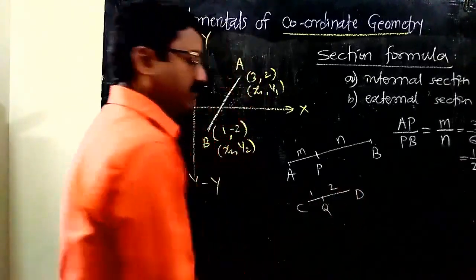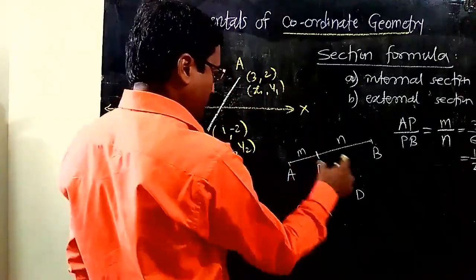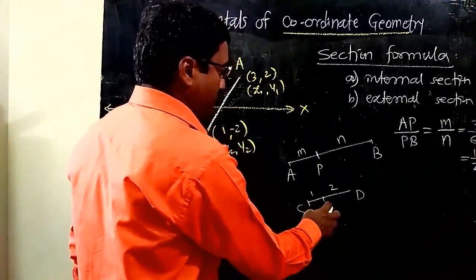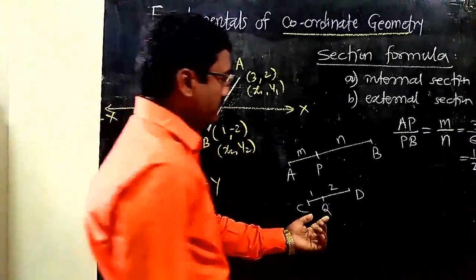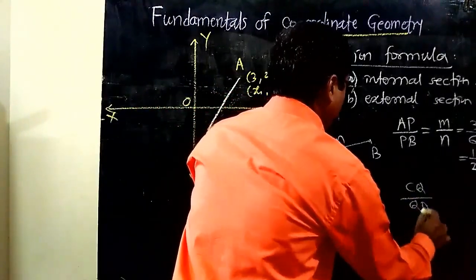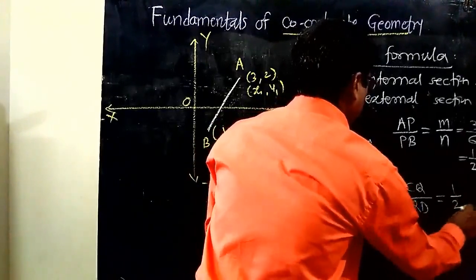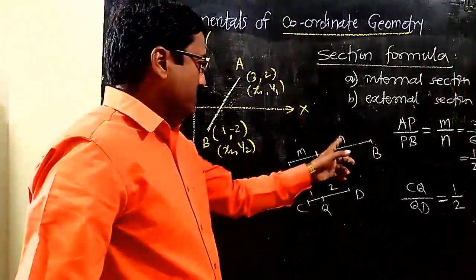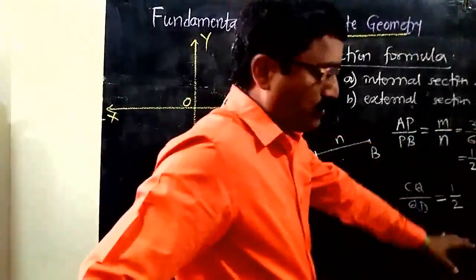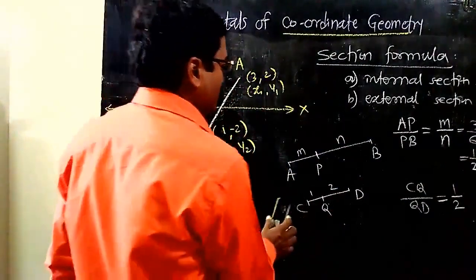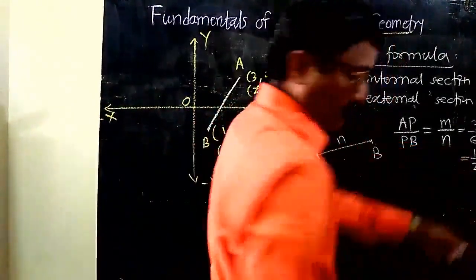This QD will be 2 units and this CQ will be 1 unit. Then we get the same ratio, CQ upon QD is equal to half. So these are different distances, or different figures, having the same ratio. So we call this a ratio.